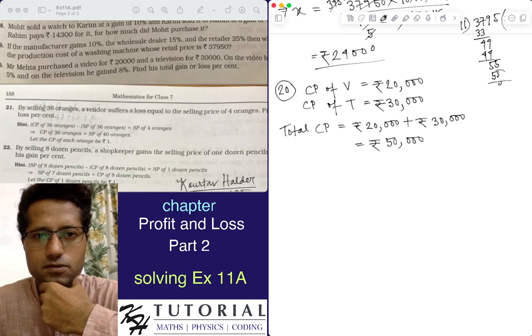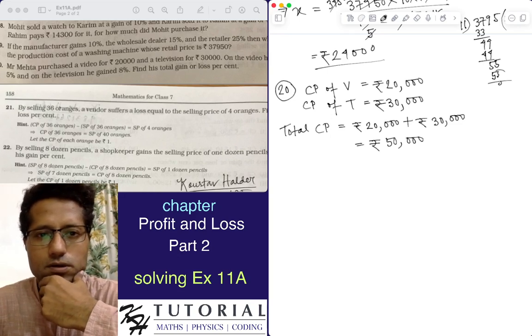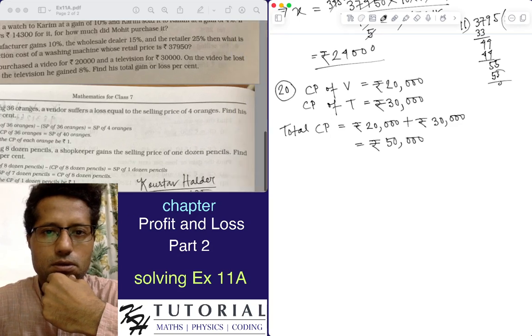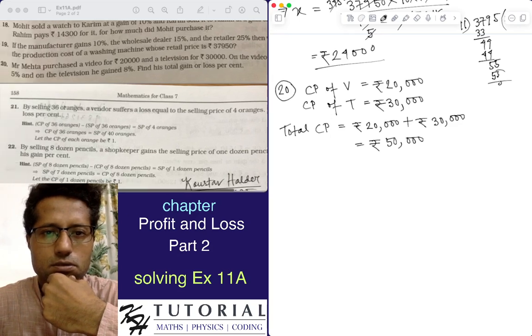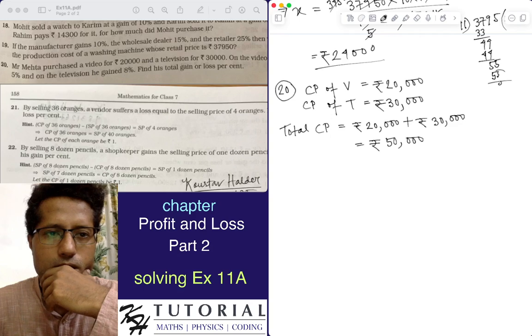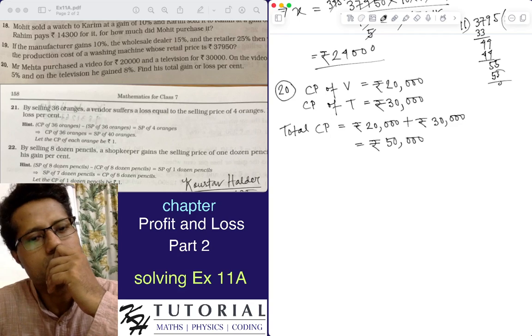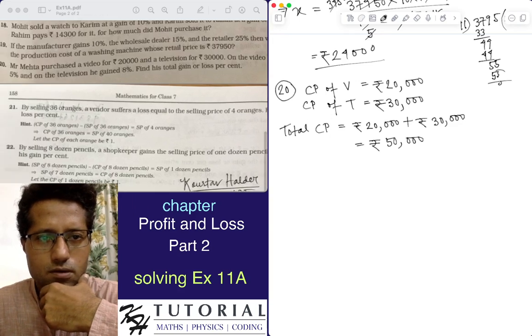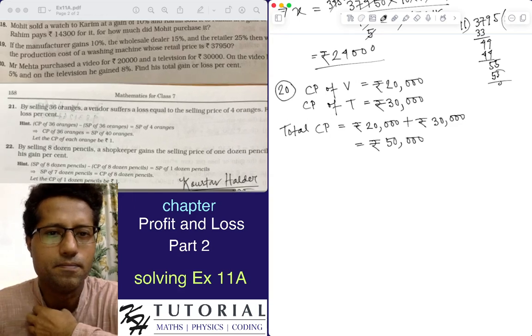Mr. Mehta purchased the video and the television for this and this amount, but he is not selling it. And it says that on the video he lost 5%, and on the television he gained 8%.